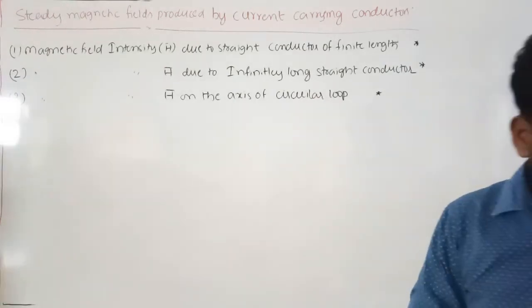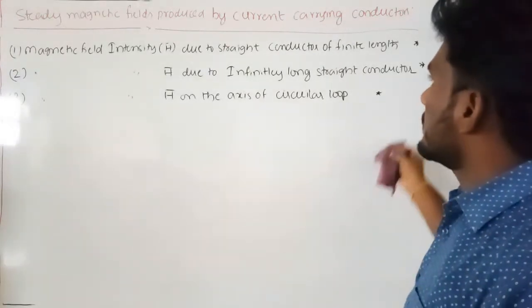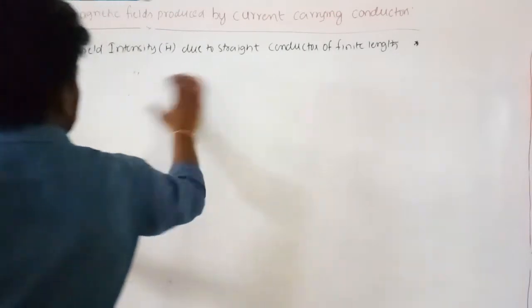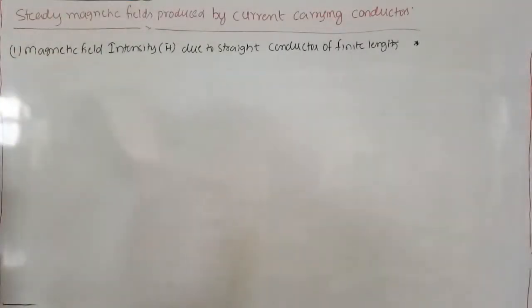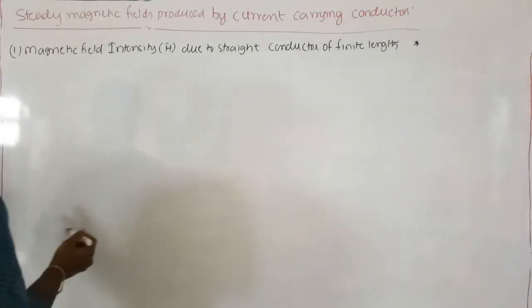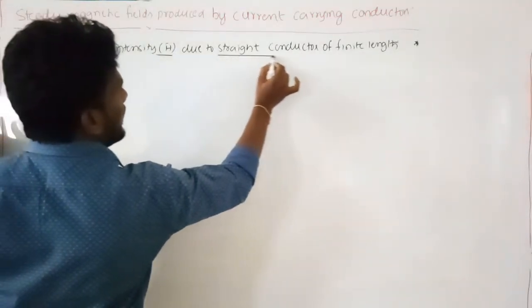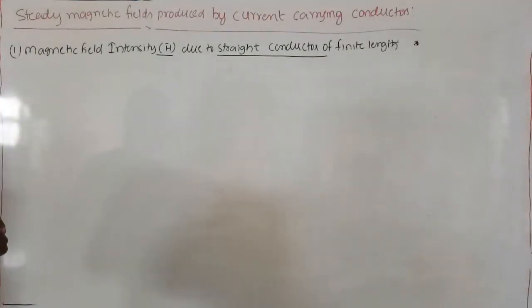Now let me explain the magnetic field intensity due to a straight conductor of finite length. Okay, now all of you listen carefully. To derive the magnetic field intensity due to a straight conductor of finite length, let us use a coordinate system.